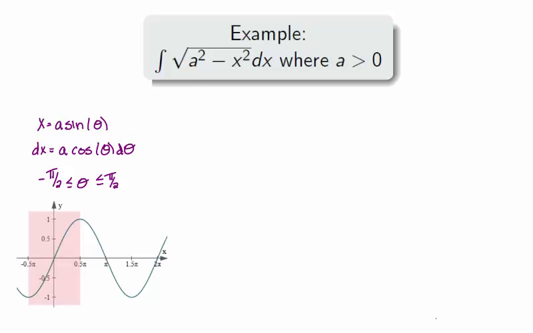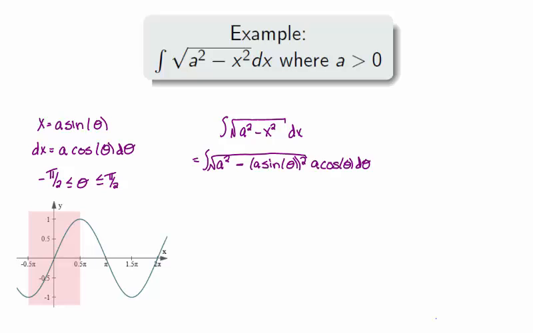We now input x equal to a sine of theta and dx equal to a cosine of theta d theta into our integral. We get the integral of the square root of a squared minus x squared dx is equal to the integral of the square root of a squared minus a sine of theta squared times a cosine of theta d theta, which is equal to the square root of a squared times 1 minus sine squared of theta times a cosine of theta d theta.